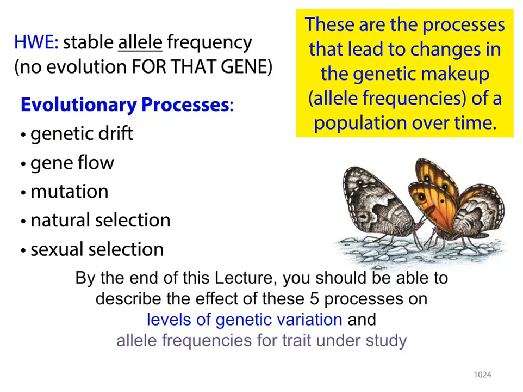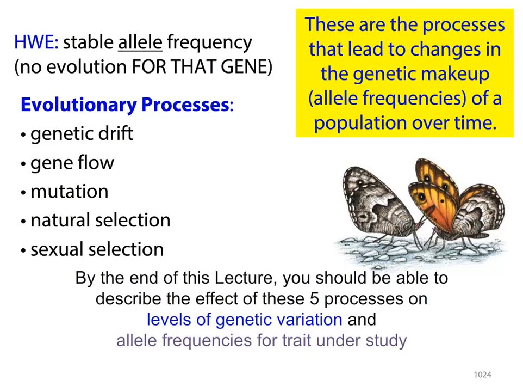In order to keep a population in Hardy-Weinberg, that means you cannot have any evolutionary processes going on. No genetic drift, no gene flow, no mutation, no natural selection, no sexual selection. You can obviously see how most likely this is not going to be the case, because generally, all those evolutionary processes are what lead to changing allele frequencies through time.